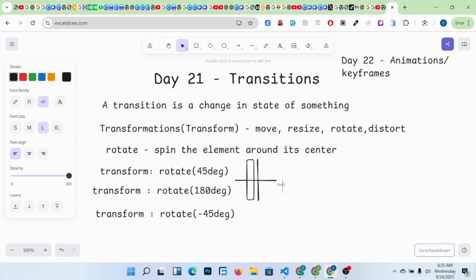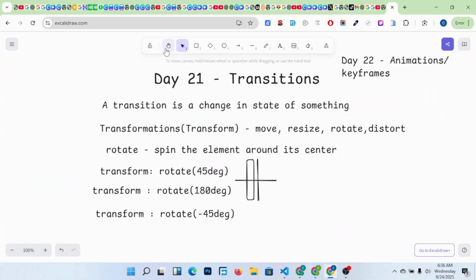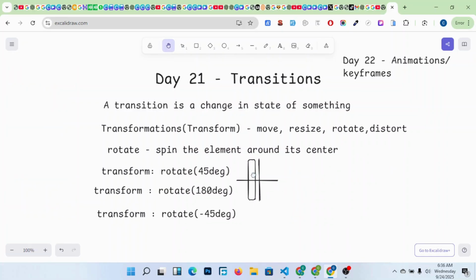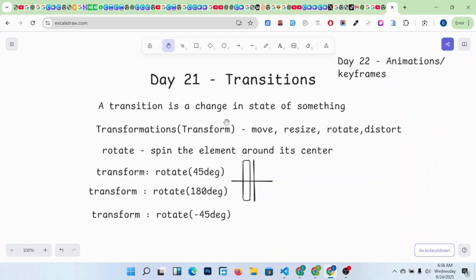You know this very well, okay? So if I say rotate 45 degrees, you will see that this one here, how can I explain this very well? Let me first see.